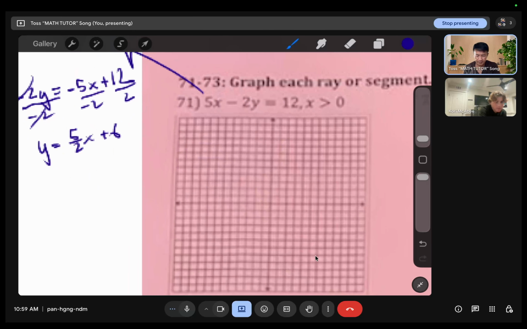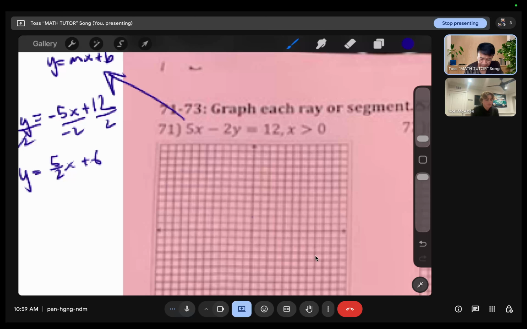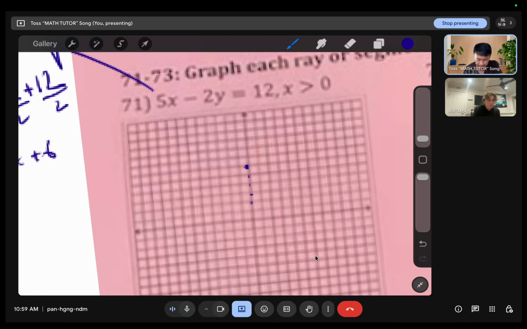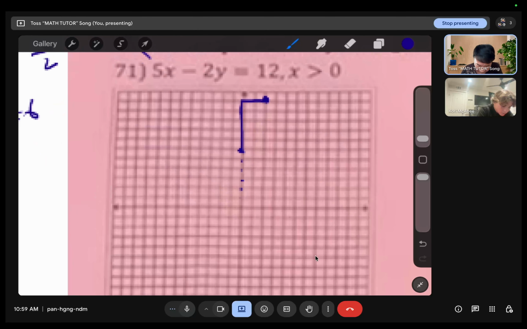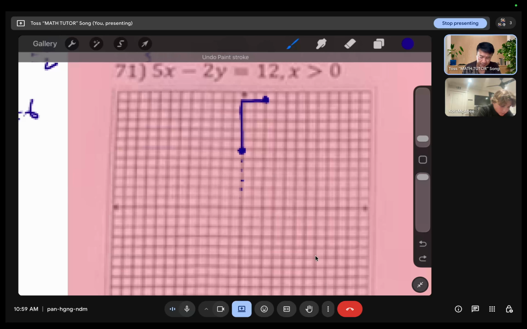I think this is the best way because you can actually do a rise and run. So here we go. We go up 6 right here. I'll check if that's 6. Yeah, it looks like 6. And then you rise 5, run 2. But that means you're also going to go backward this way. Let me do the rise 5, run 2 first. From that point, this is your 6, your b equals 6.